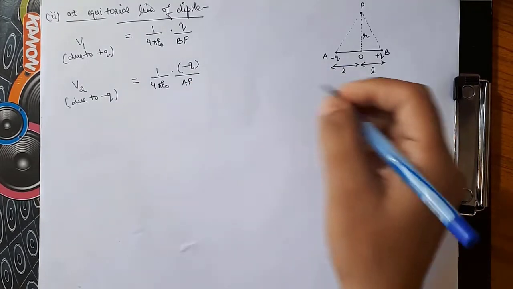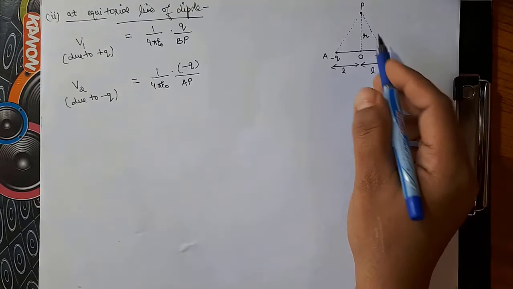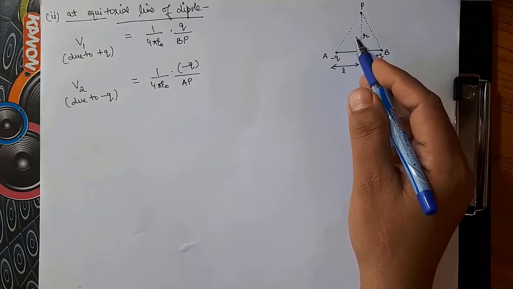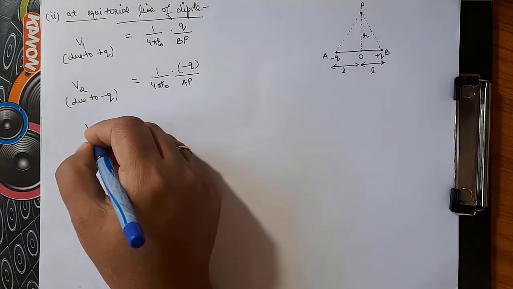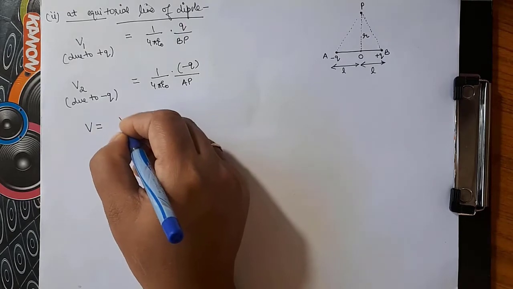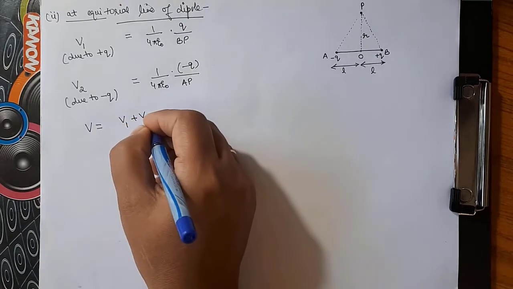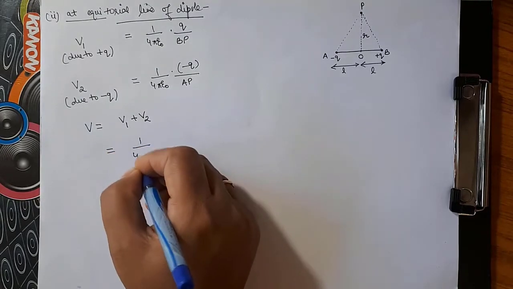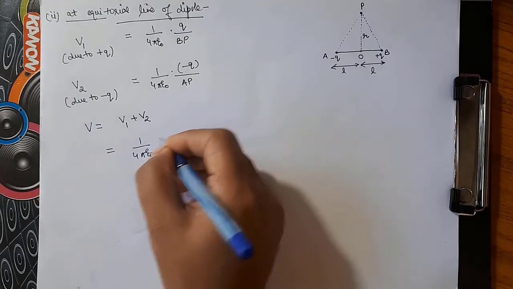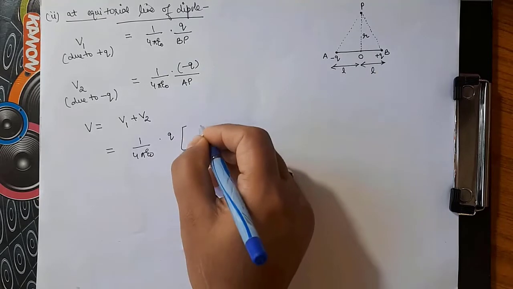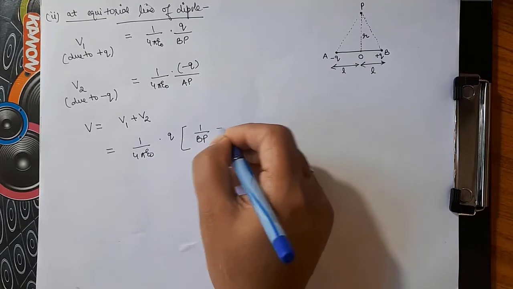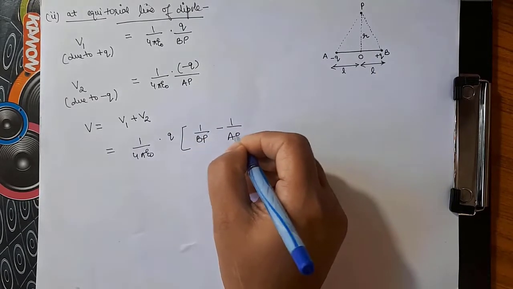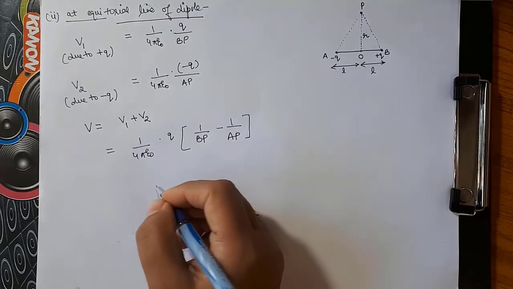But if you look carefully in the figure, the distances BP and AP are equal to each other. So the resultant potential at P, as it is a scalar quantity, will be the sum of the two, and it will come out to be 0 because BP and AP are equal.